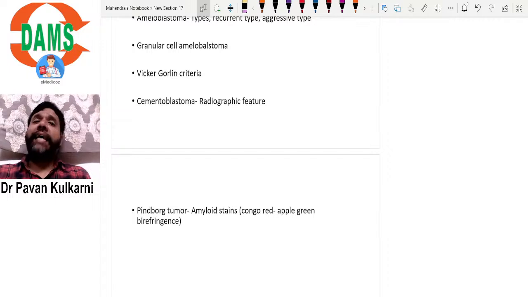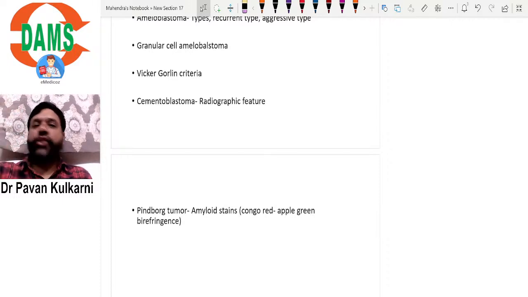That is a very high-yield question you are expected to know. Again, Pindborg tumor. All of us know CEOT, calcifying epithelial odontogenic tumor, Pindborg tumor, will have presence of some amyloid-like material. And those amyloid-like materials are typically stained with certain stains, like one of the classical stains is Congo red stain.